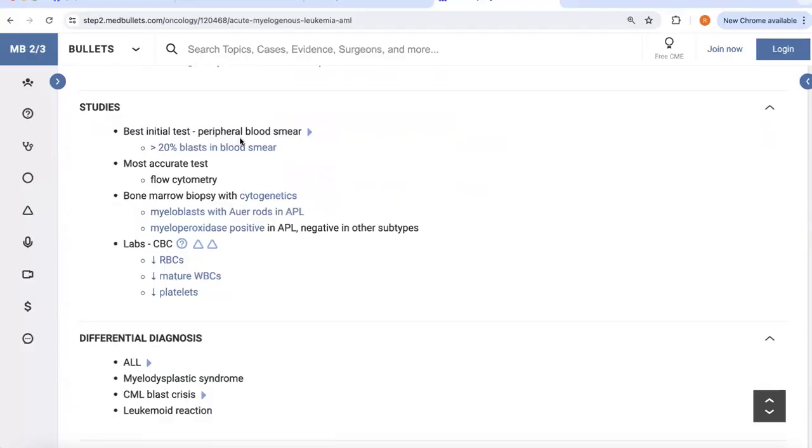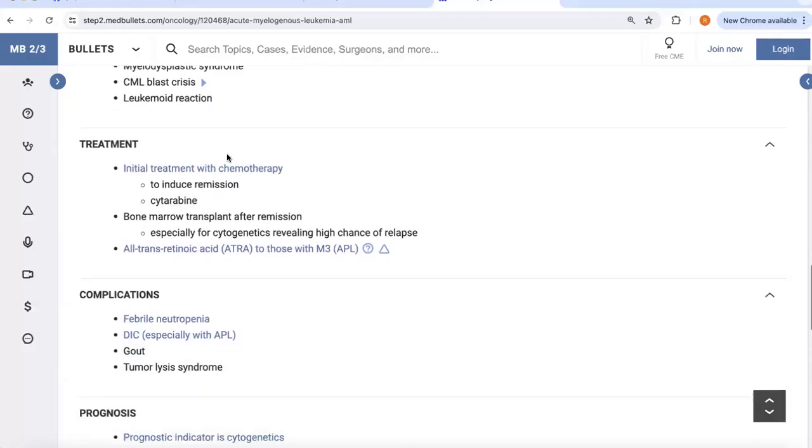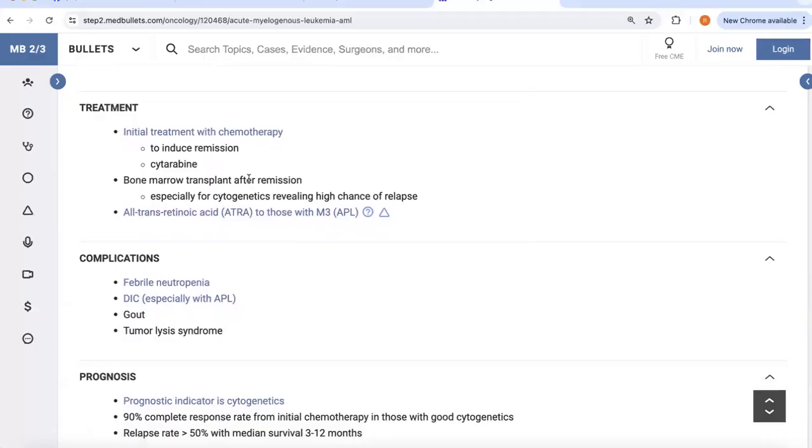And in acute myeloblastic leukemia, again, you will get more than 20% myeloblast in the blood film. The most accurate test is called flow cytometry. You can also do a bone marrow biopsy with cytogenetics, but the most accurate is flow cytometry. So you need to remember this because they give these kinds of questions in the exam. Treatment is chemotherapy followed by bone marrow transplantation if it is possible.